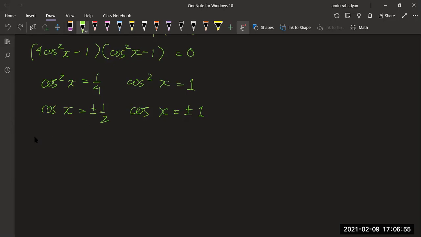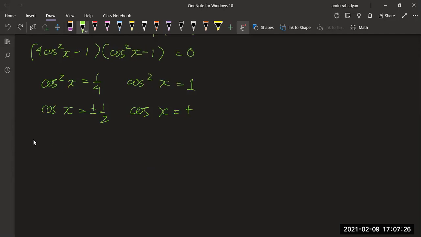Okay, so x is, not 30 degrees, it's cosine. 60, 120, 240, okay.